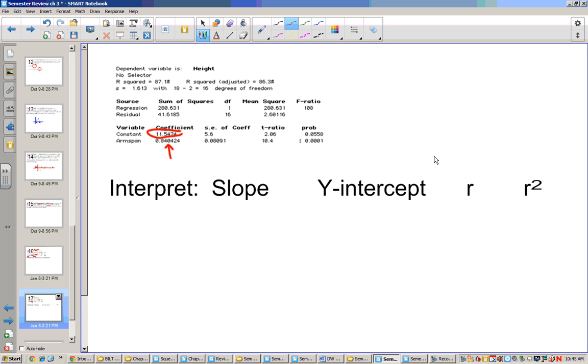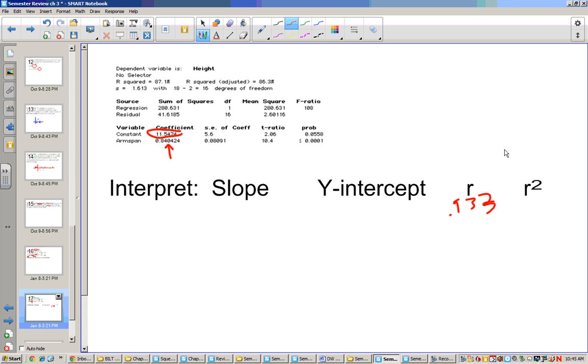If I wanted to interpret r, since the slope is positive, our r will be positive. And if I take the square root of 0.871, I get 0.933. So that's a strong positive linear correlation between arm span and height.